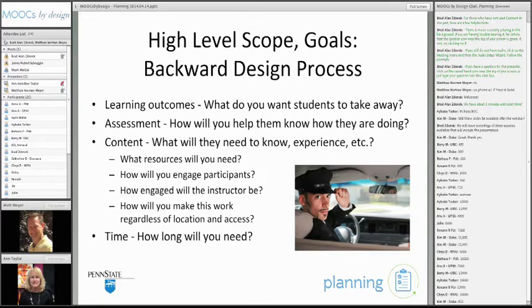And they say, well, I'm going to teach them this, and I'm going to teach them this, and I'm going to teach them this. And we don't hear, well, what are the students going to learn? The best place to start is, well, what do you want your students to be able to take away from your course? That gives us a much better idea of where we need to head. It's like any trip.